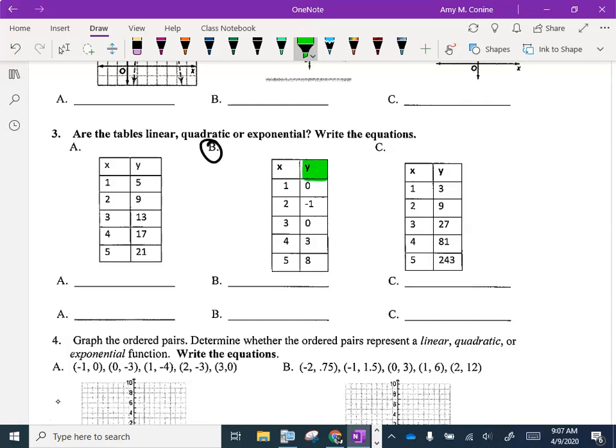It is not. So you have -1, then you have 0 again. So if you are subtracting 1 and adding 1, it's not going the way it needs to. It's not multiplying, it's not adding. This one's going to be your quadratic.